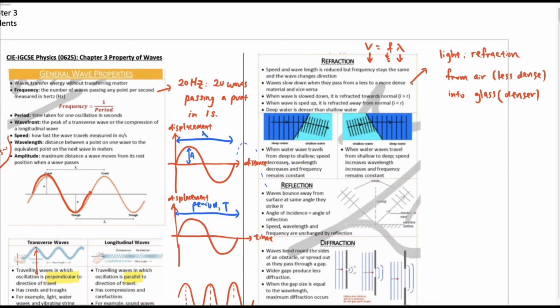And the second way to make refraction happen is on water. So to make refraction happen on water, for example, from deep region into shallow region.